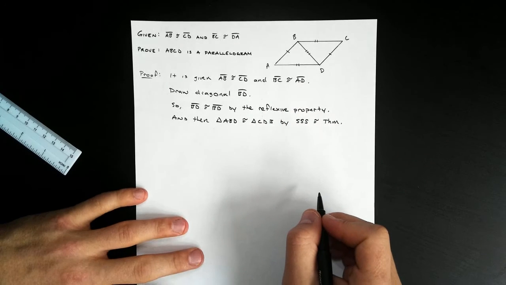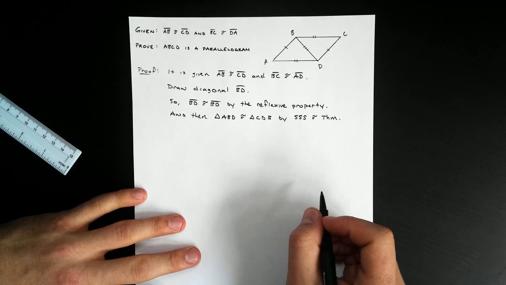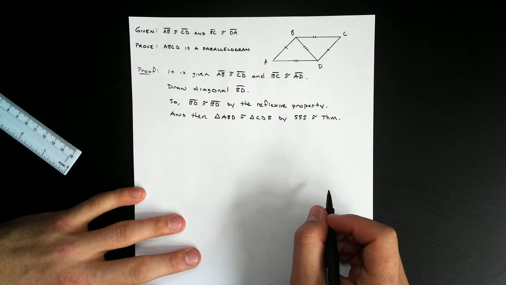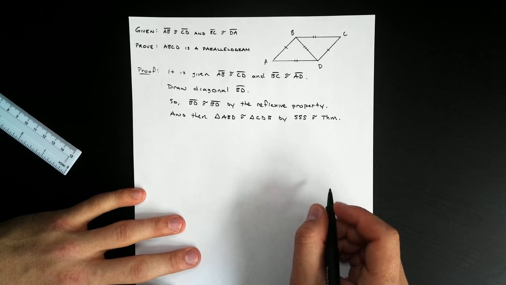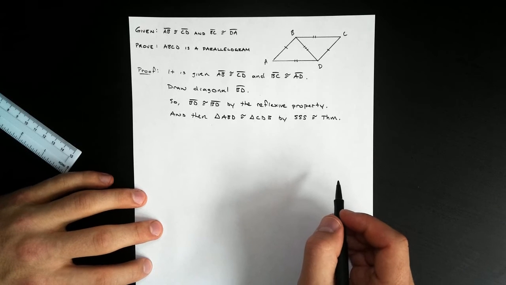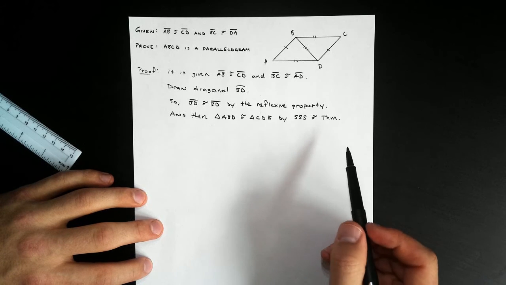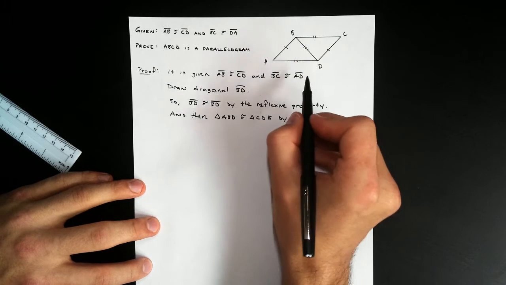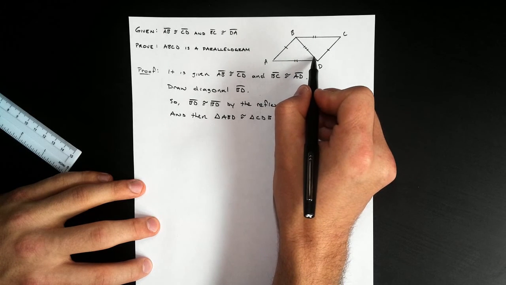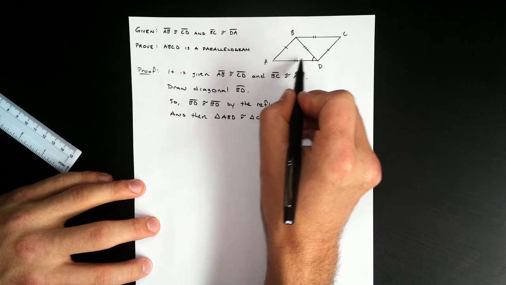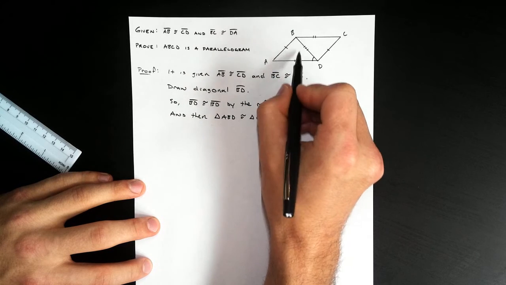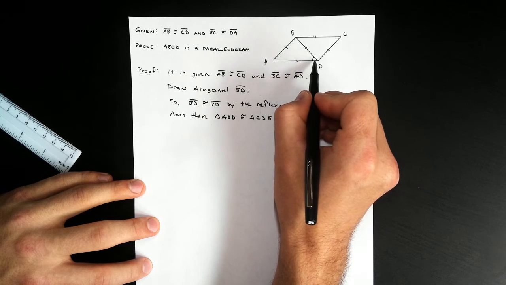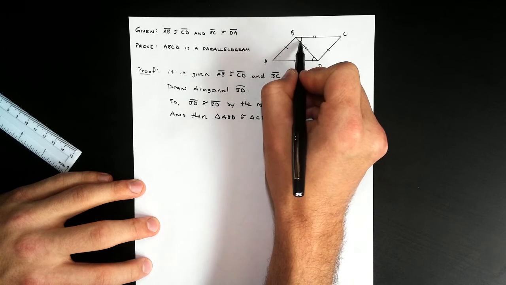Okay. So that takes care of the first part, getting the 2 triangles congruent. Now that I know the triangles are congruent, I know that their corresponding parts have to match up as well. So that means that these angles within these triangles have to be the same. So for example, this angle here, ADB, has to be congruent to the corresponding angle up here, which is this one.